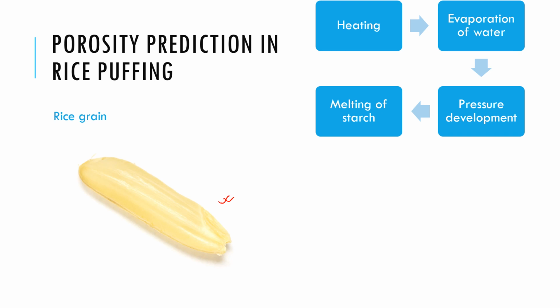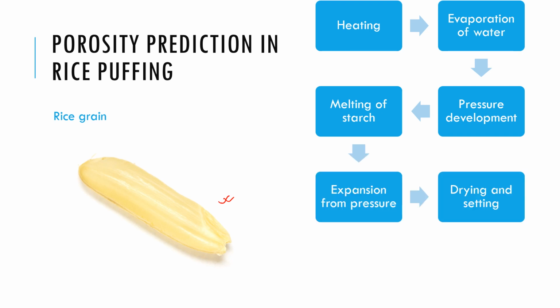It goes from glassy to rubbery state, and it's soft now with pressures inside. So that causes it to expand, and as it's expanding, it's also drying. As it's drying, it's setting the structure.